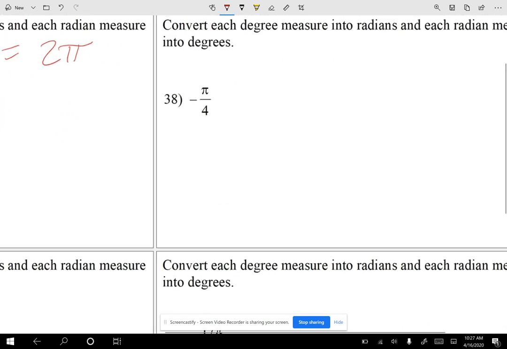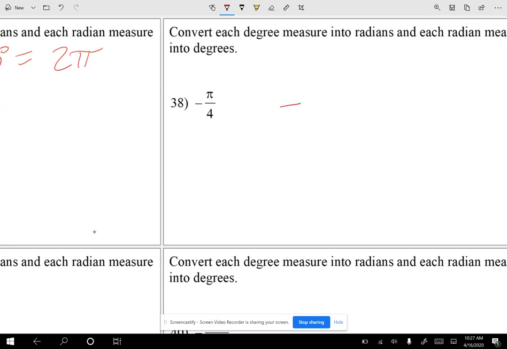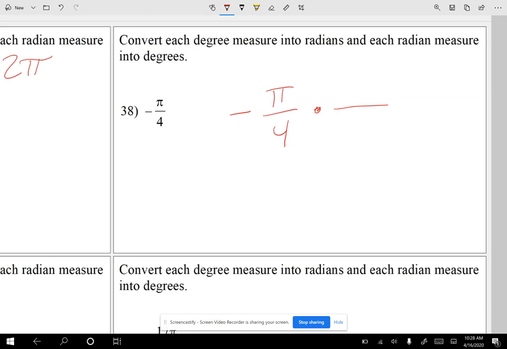Now, looking at number 38, I start with a negative pi over 4. My measurement's given to me in pi, so that measurement's given to me in radians. So I'm going to multiply this because I need to give it in degrees. I'm going to have 360 over 2 pi. Since I want the pi's to cancel out, I'm going to write the pi at the bottom. So pi's cancel out. Now here, simplify.